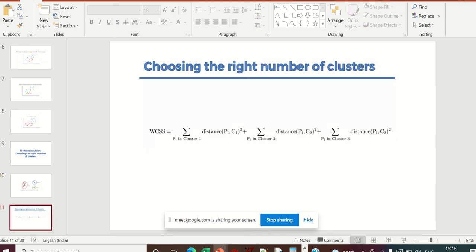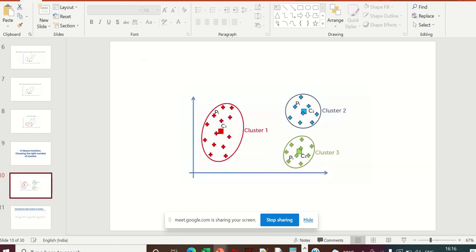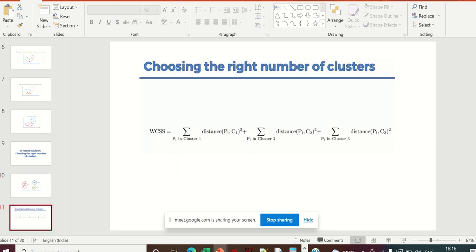Then we apply a formula for distance: the distance from this to this, squared, the distance from this to this, squared, all these numbers, and finally you get a sum. You do that for each cluster and add all of them, and you get one WCSS value.